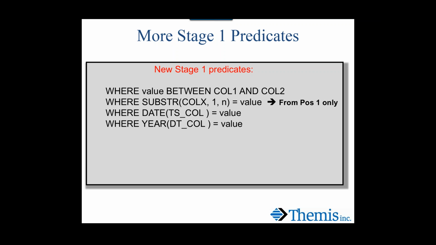For example, that second one there, substring of a column 1, n, DB2 is going to rewrite that as a between. That right now is a stage 2 non-indexable predicate in version 10. In version 11, it might become a stage 1 indexable predicate if the optimizer can rewrite it.